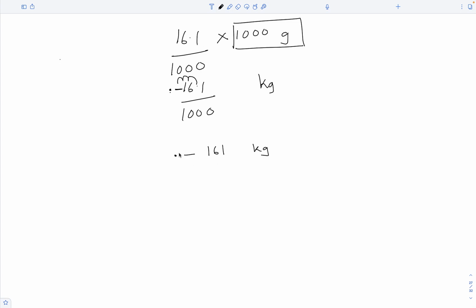Now what should we put here? By convention, we have to fill this space with a 0 to clearly indicate that there is an empty space between this decimal point and this number. This is by convention. So finally, the measurement we have is 0.0161 kilograms.